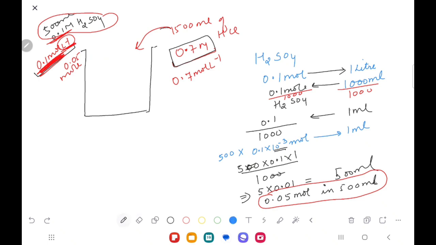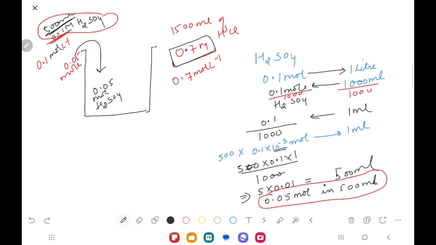So if I have 0.1 moles per liter, and I'm adding only half of the liter, that means half of the moles. So I am getting 0.05 mole of H2SO4.